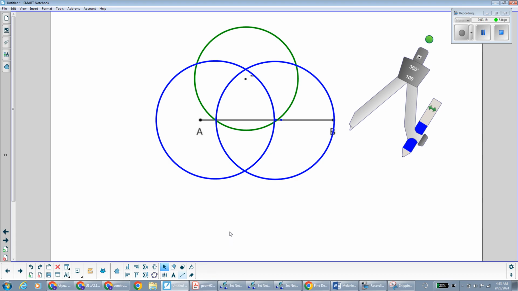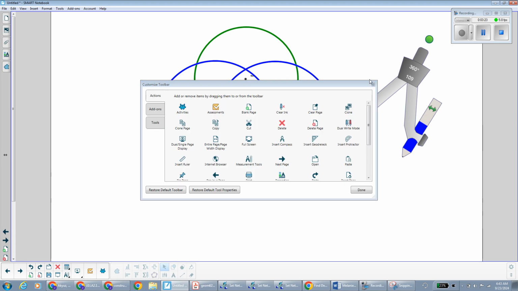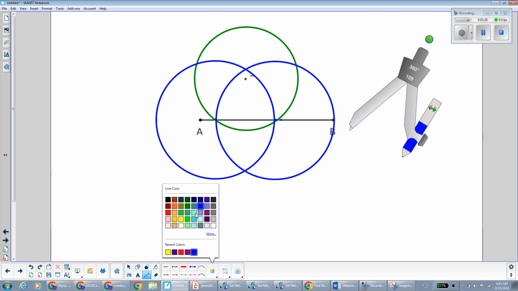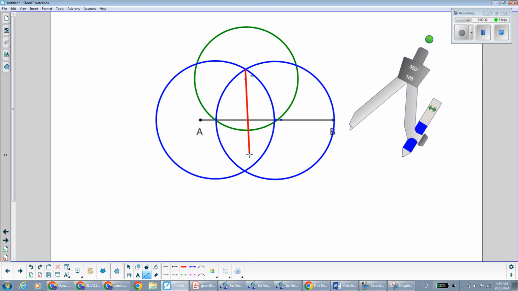This is super annoying on the computer because my computer is a bit laggy. And right through where those circles intersect, we're going to make our perpendicular line.